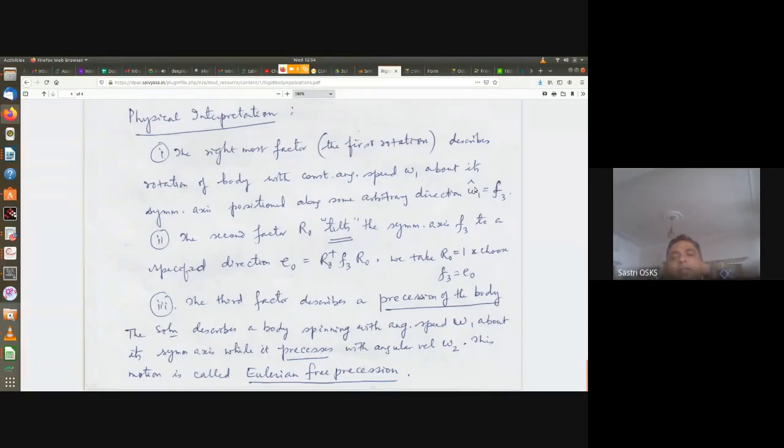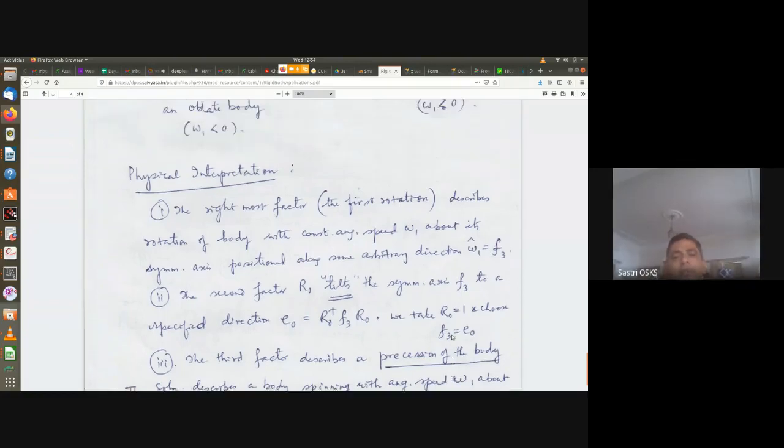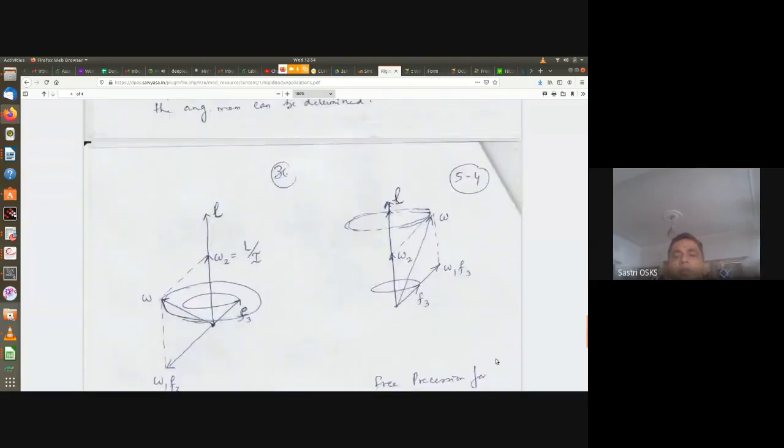So here it is precessing about F3 with angular velocity omega 1, and then it precesses with angular velocity omega 2. That is the total thing. This is why omega 2 is in this direction. So this is how it rotates, keeps on rotating, and then precesses like this.